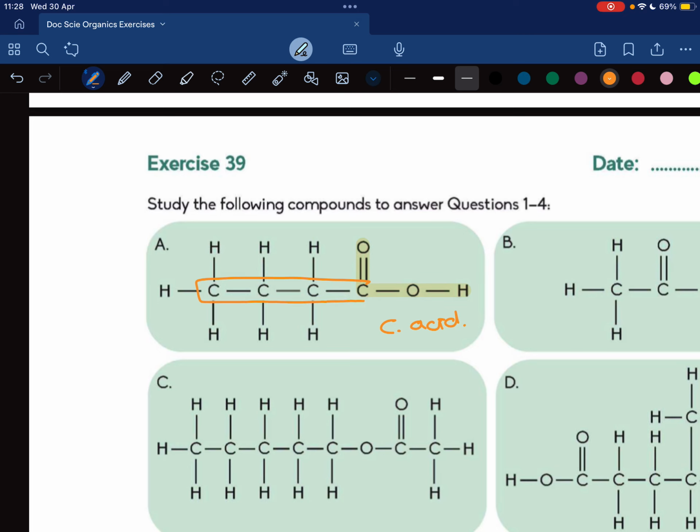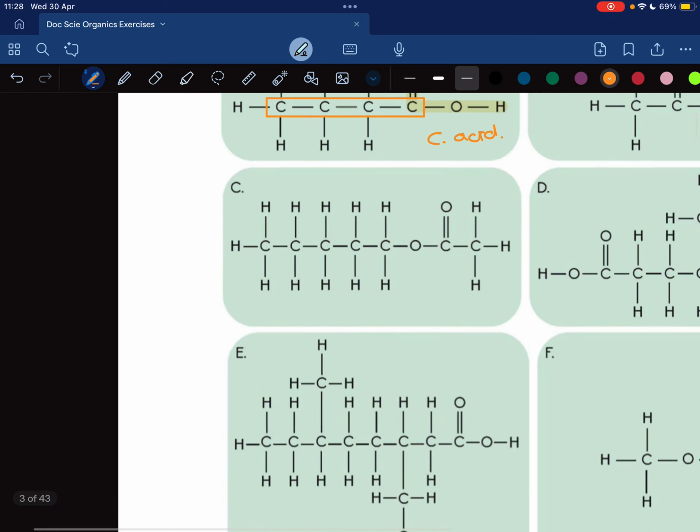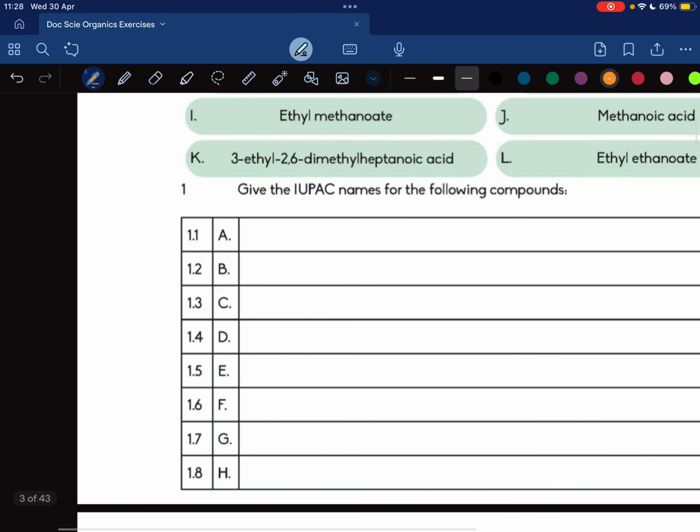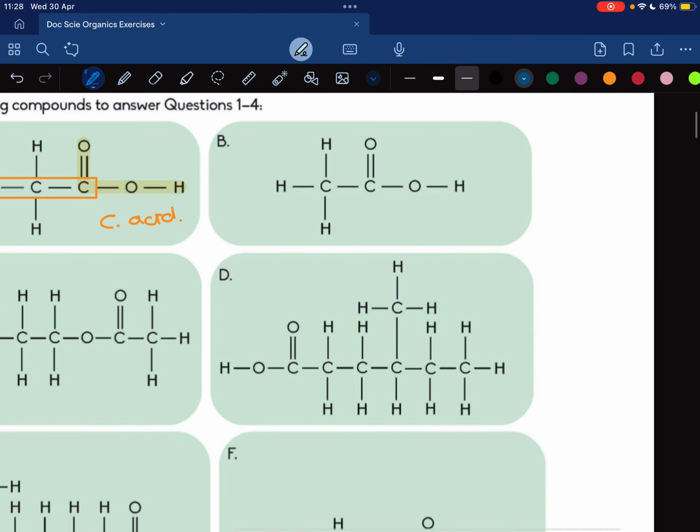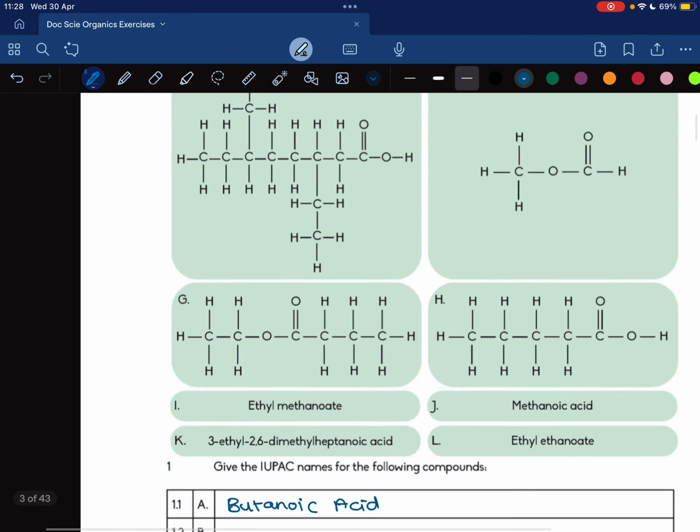The longest carbon chain is 4, which makes the first one butanoic acid. Then if we look at B, B's functional group is also a carboxylic acid. The longest carbon chain is 2, which would make that ethanoic acid.